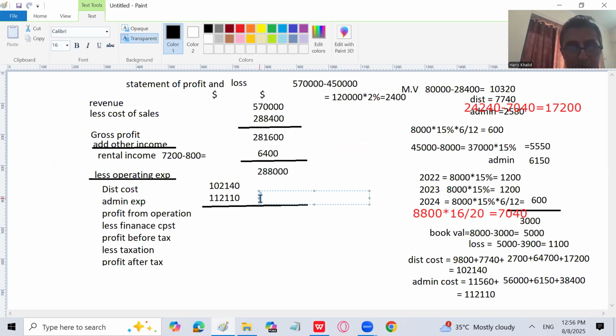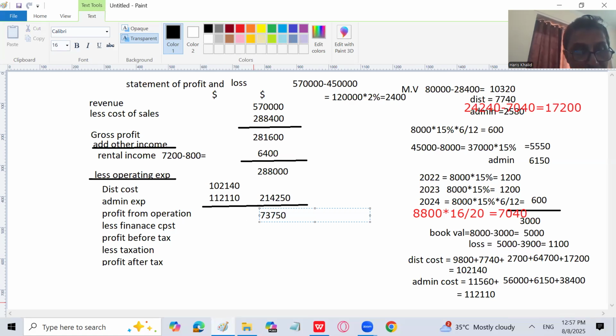That is 214,250. That I will subtract: 288,000 minus 214,250. The answer is 73750. So that is the profit from operation.